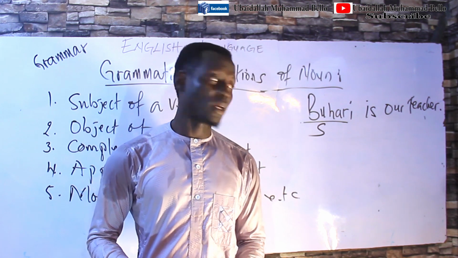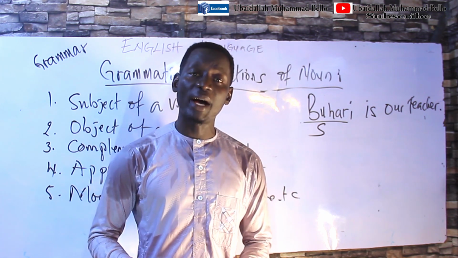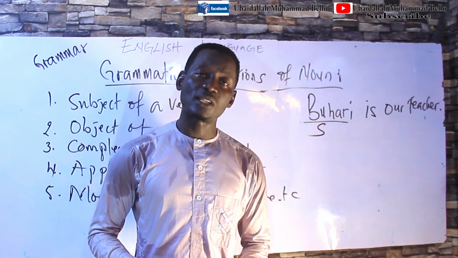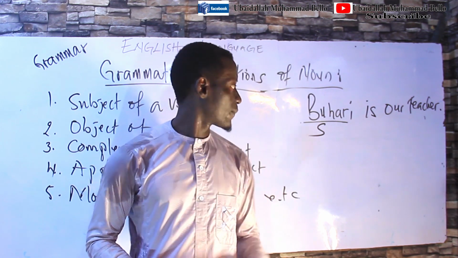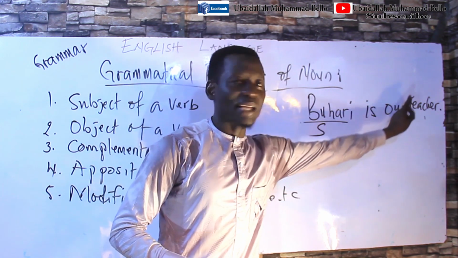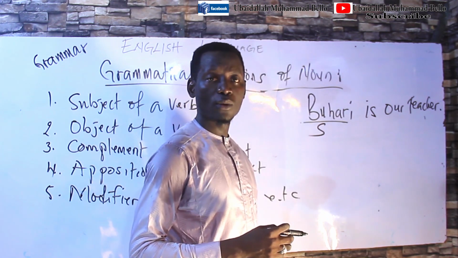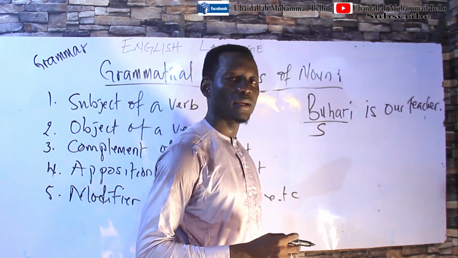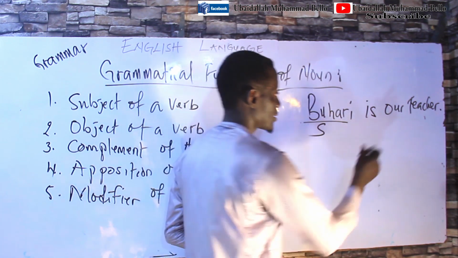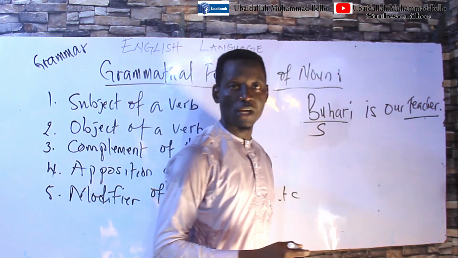And what does it do in the sentence? What does it occupy? It serves the function of the subject of the sentence. Buhari is our teacher. Do we still have another noun in the sentence apart from Buhari? Yes. What is that? Teacher.